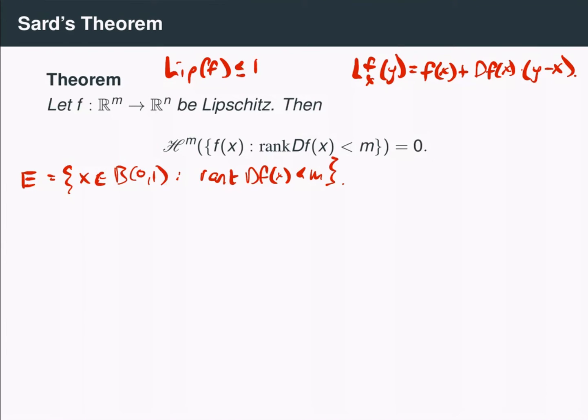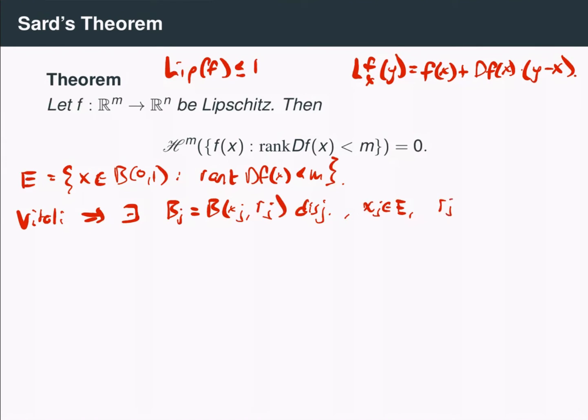Okay, so because I can find arbitrarily small balls at each such point, that means that by Vitali, this implies that there exists a collection of disjoint balls, B_j equal to B(x_j, r_j), disjoint, so that the x_j's are in E. The r_j's are small enough, but in particular I want them less than 1, so that the Hausdorff measure of E is exhausted by the union of these balls, and also that f is approximately its affine approximation at the center of the ball in B_j.